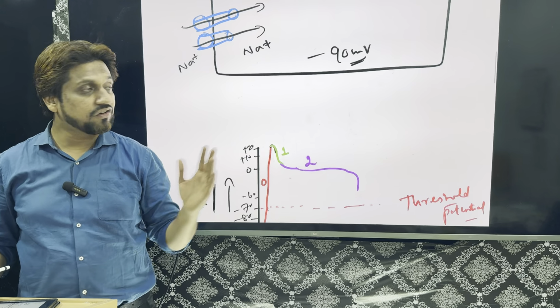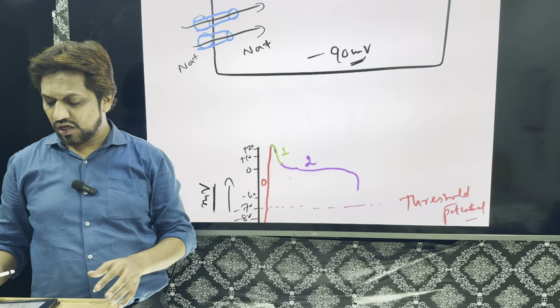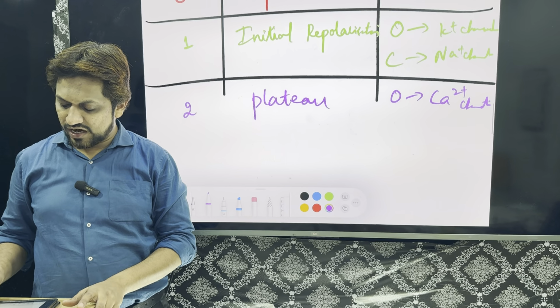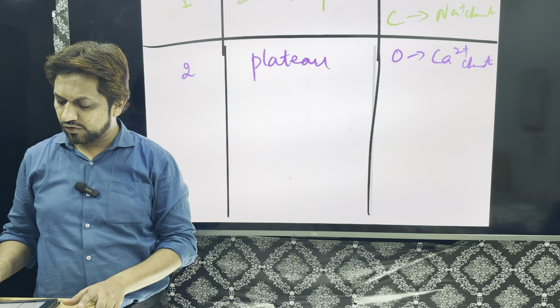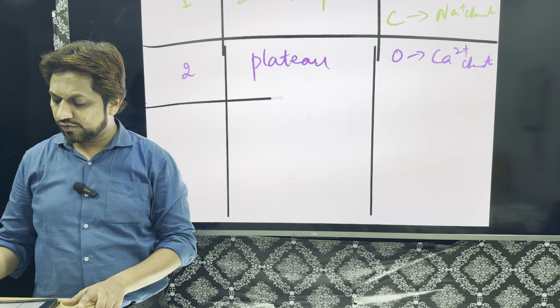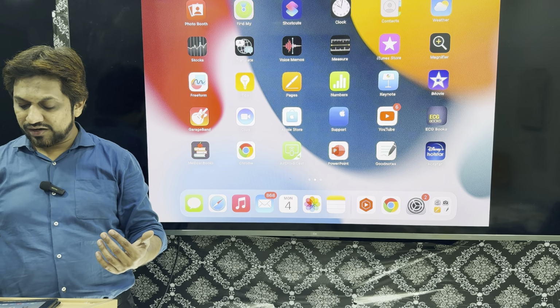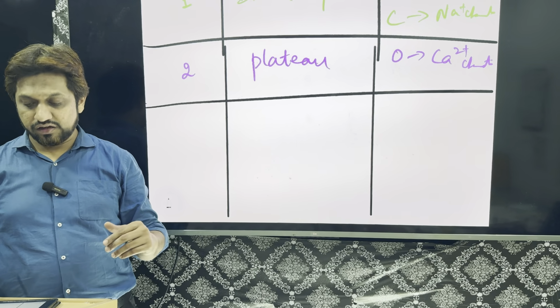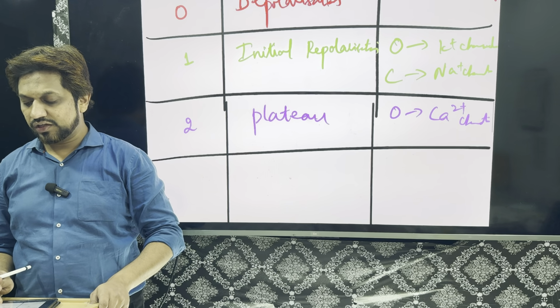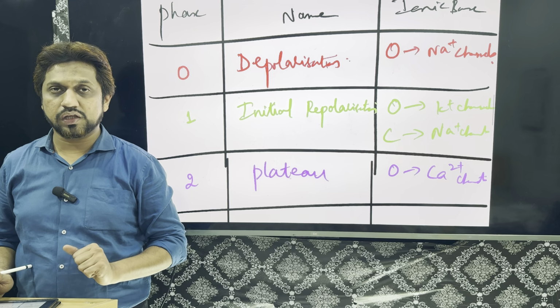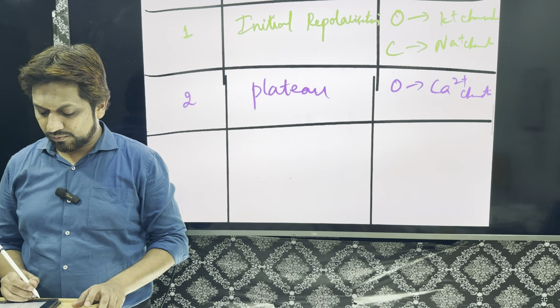That's why it is known as the plateau phase, the second phase. It lasts for a longer duration, and the plateau is very important because it provides the calcium for the mechanical events. We will discuss excitation contraction coupling in another video. Right now we are concentrating only on the action potential of the cardiac muscle cell.